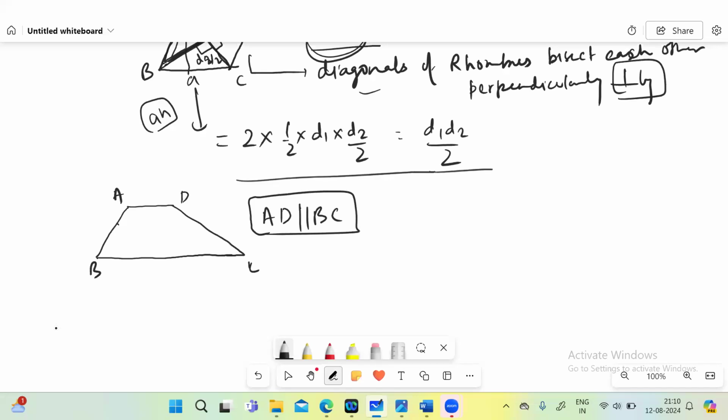So basically, if you don't have any measurement, you can find the area of any shape by putting it on a graph. So you have a graph here and you can just put any figure and find out how many boxes are there in between.